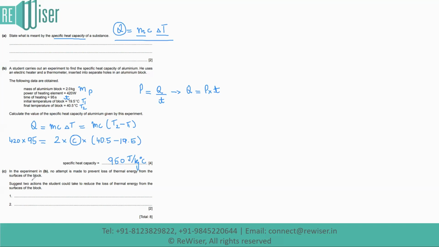The two actions the student could take are he could insulate the block so as to prevent loss or escape of heat or energy from the block, and another is polish the surface of the block so as to make sure heat is reflected and not absorbed by the block.